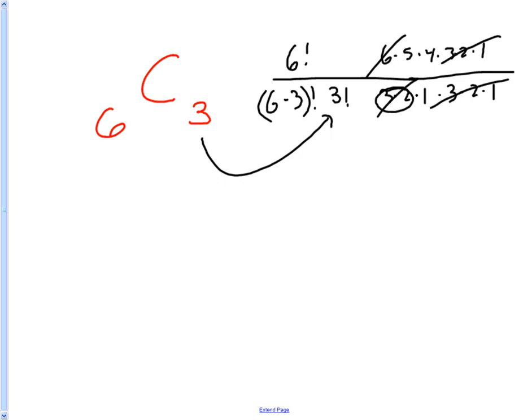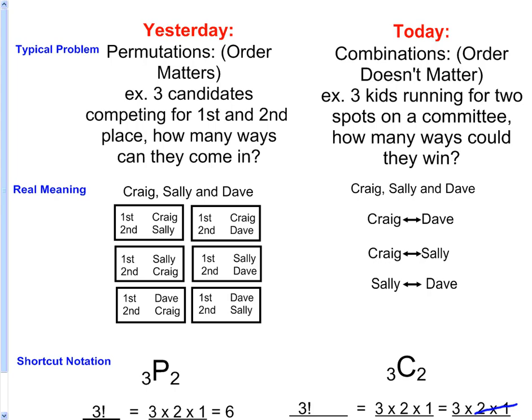Now, combinations are different than permutations. I want to sum it all up for you with this slide right here. Yesterday, we did just permutations where the order matters. Like, for instance, if we have 3 people that are competing, Sally, Craig, and Dave, they can come in this way, this way, this way, this way, this way, or this way, and that's 6 different ways.